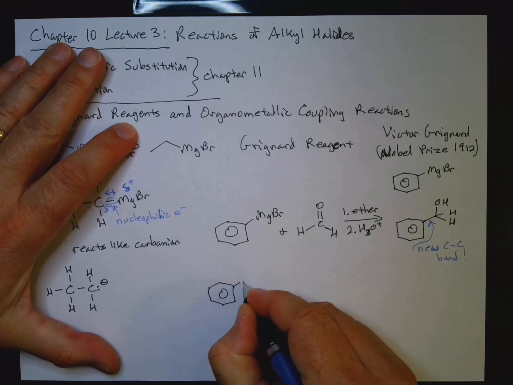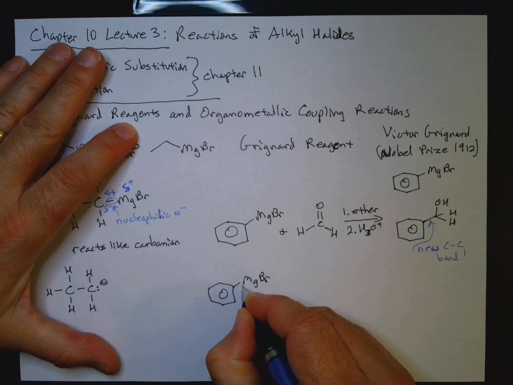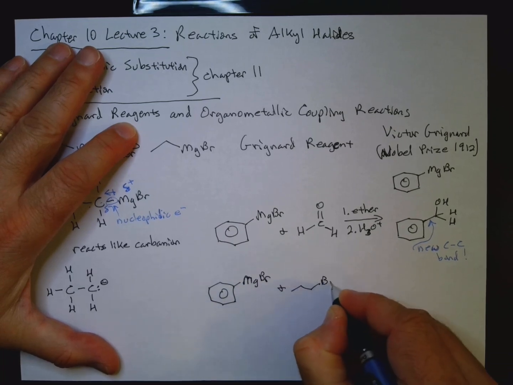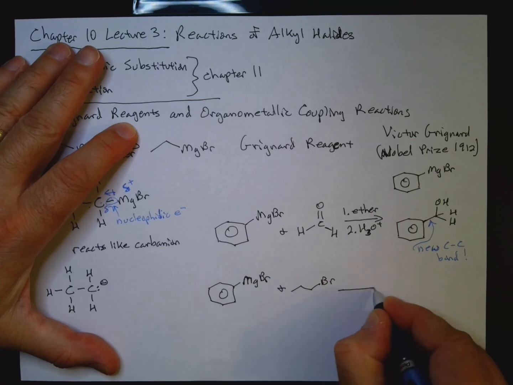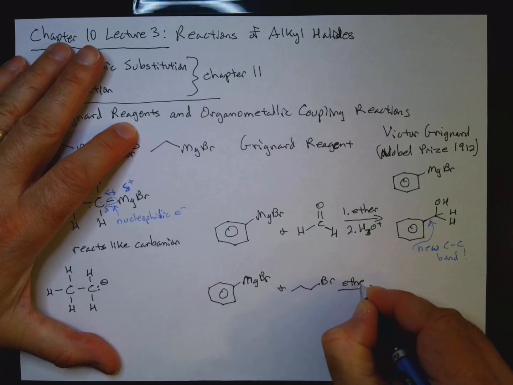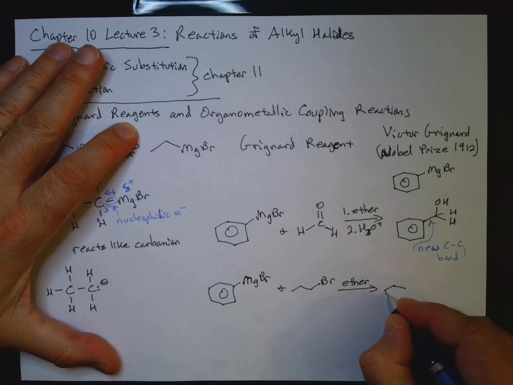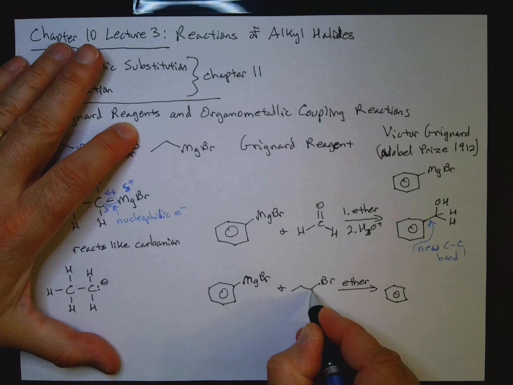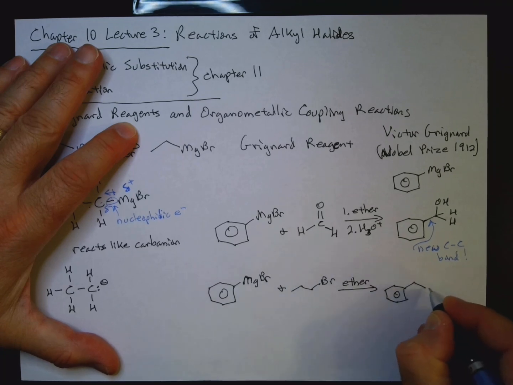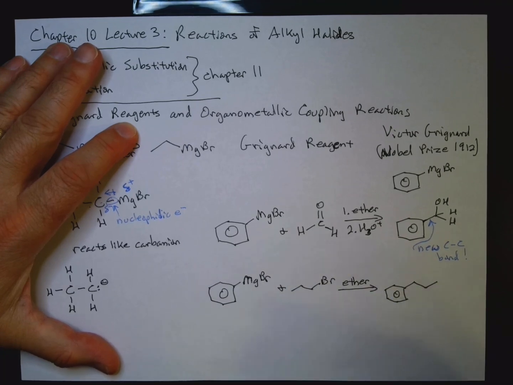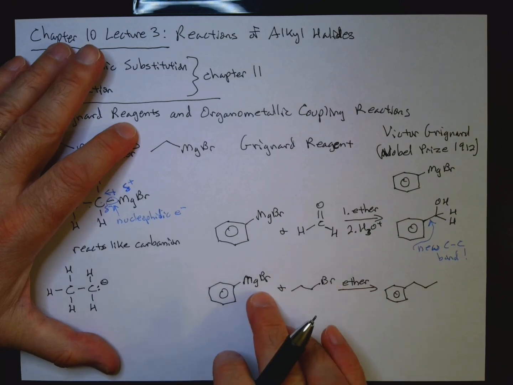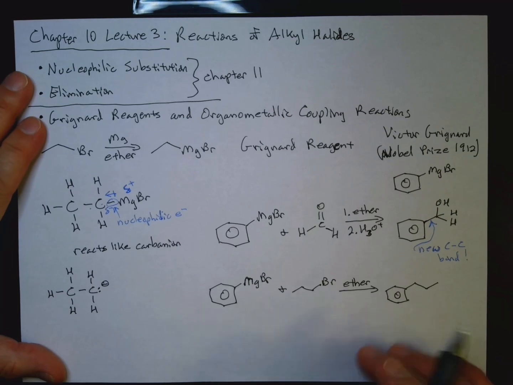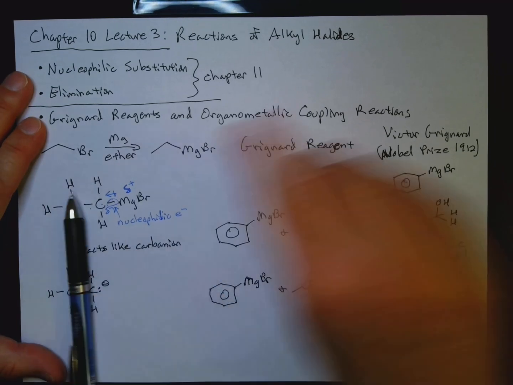We could also take my MgBr plus, let's use another bromine there, and we'll just react that in ether, and we will get, so that carbon's going to be attached to that one. So 1, 2, 3, so 1, 2, 3. And then we end up getting MgBr2 as a solid product. So this is a way to alkylate things.